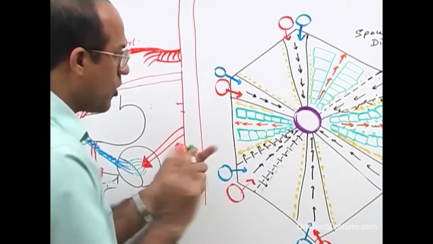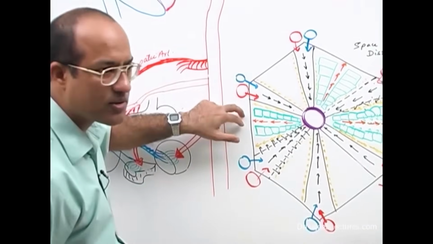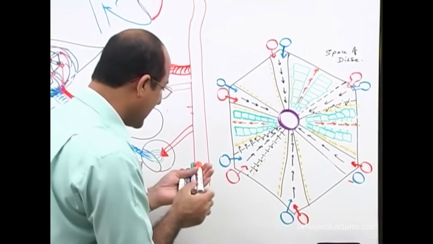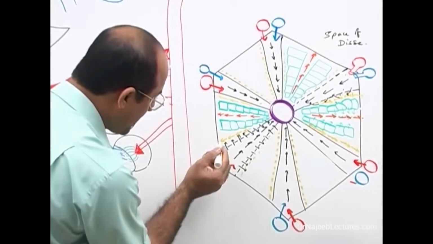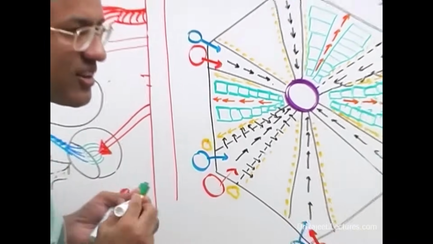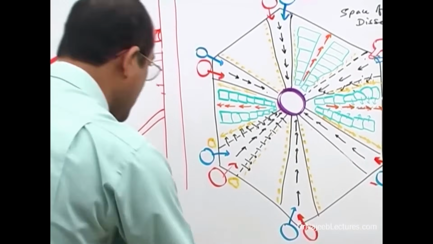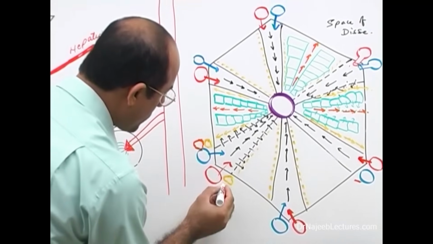Is that right? Now look, as there are input systems, there should be a drainage system also. So the drainage system on this side should be, what should be here? What is this? Lymphatic channels. And what should be here? What is this?